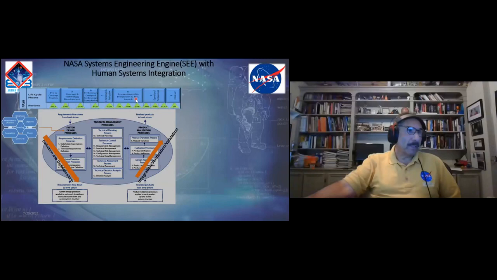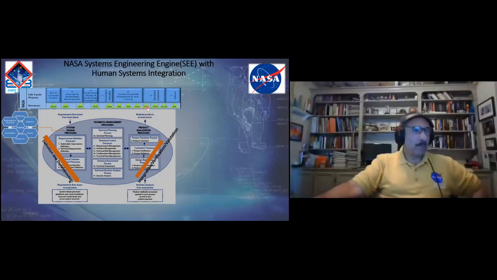And then the assembly, integration, systems integration review, test readiness review, systems acceptance review, operational readiness review, flight readiness review. This is where you fly, you launch your system, and then you have operation of the system until you get ready to dispose of it at the end of life.